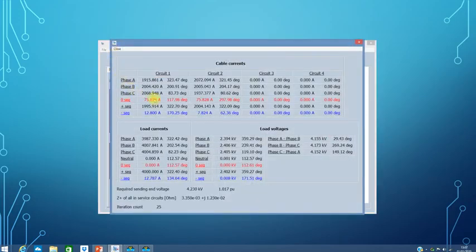So we can see that with the increased separation between the two flat groups of conductors, the zero sequence current is decreased from what was previously 267 amps to 75 amps. And this is due to the effect of the logarithm of 1 over the distance between the conductors in the equation for the mutual reactance.